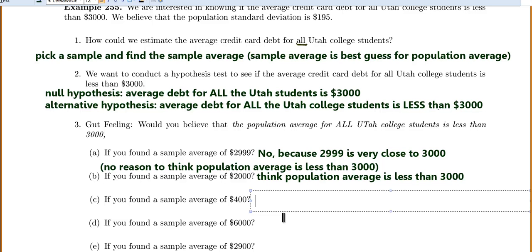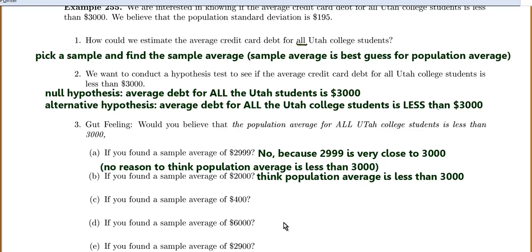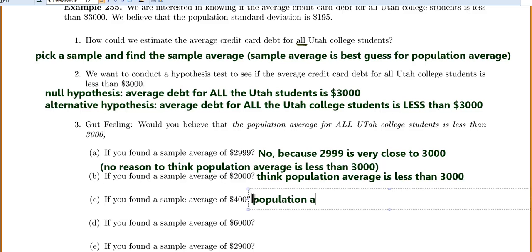For C, what if you found a sample average of 400? Well, a sample average of 400 is so far from 3,000. There is no doubt in my mind that the population average is definitely less than 3,000, because that sample average isn't even close to a population average of 3,000.